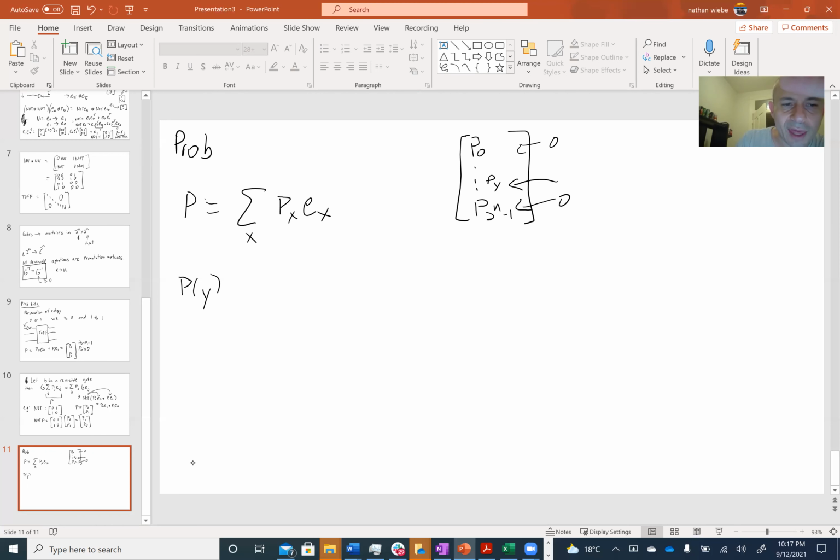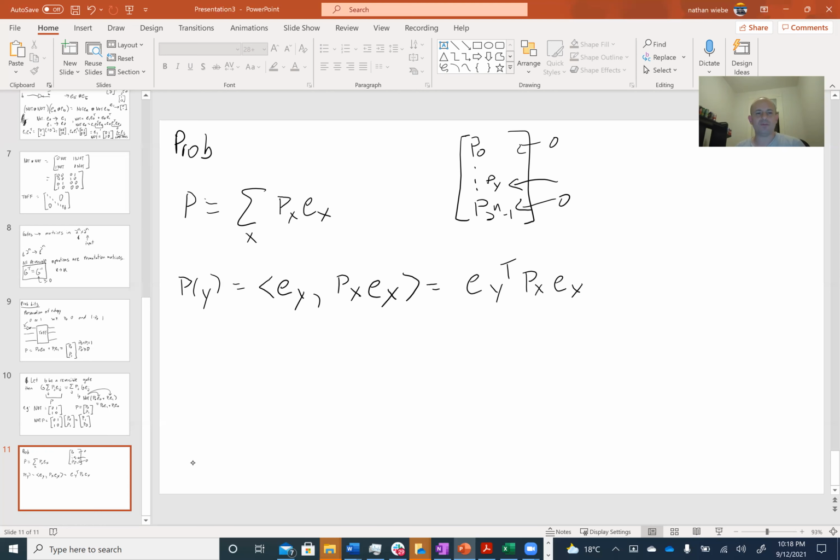Now, the way we can do that is we can take the probability distribution and compute the inner product of it with EY. So the probability of Y is just the inner product of EY and the sum of PX EX, which we can always express as EY transpose times the sum of PX EX. And there you have it.